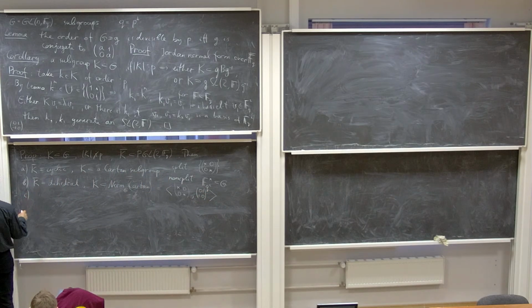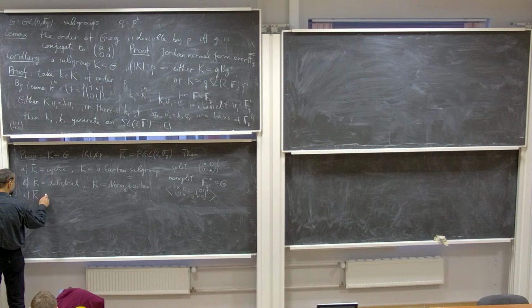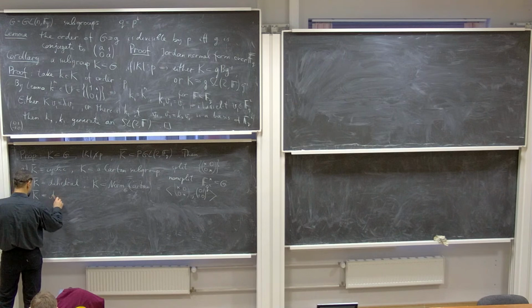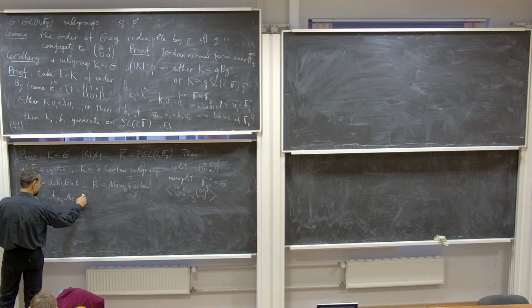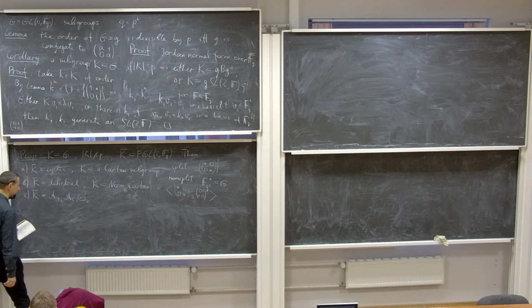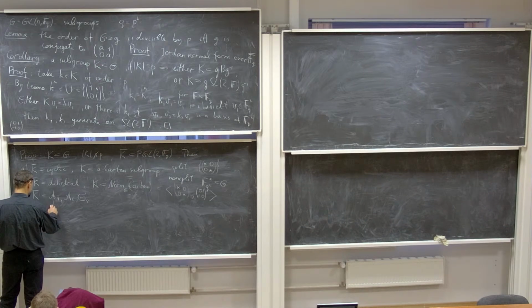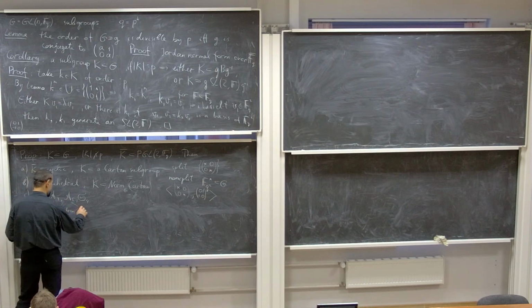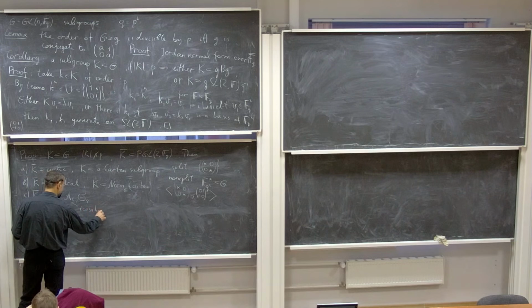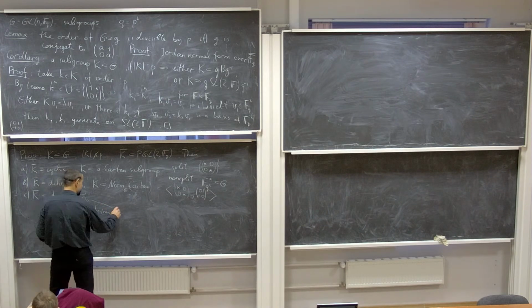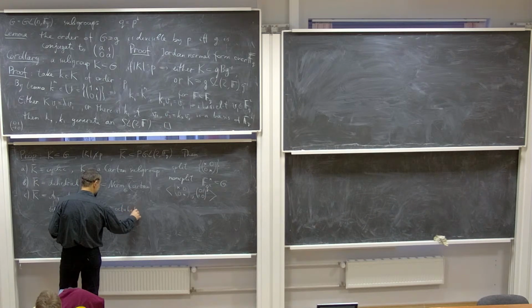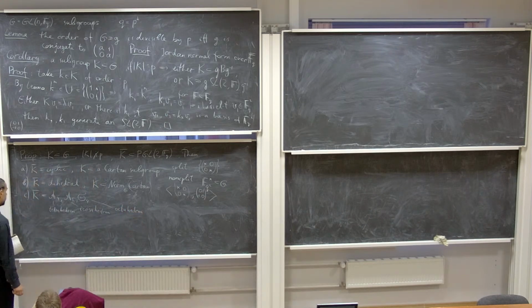Okay, and the only remaining possibility is that K, the image in PGL2, is of type A4 or A5 or S4. Yeah, so this corresponds to the tetrahedron, this corresponds to the icosahedron, and this corresponds to the octahedron or a cube. Okay.